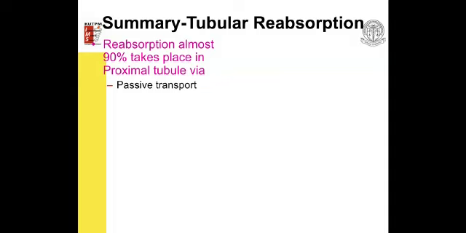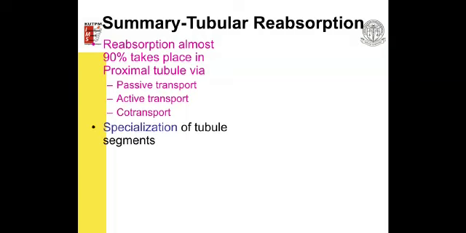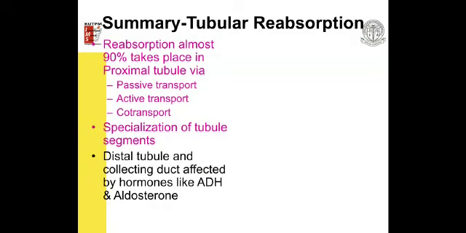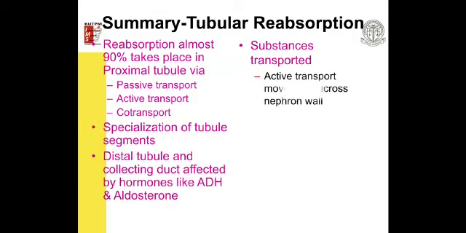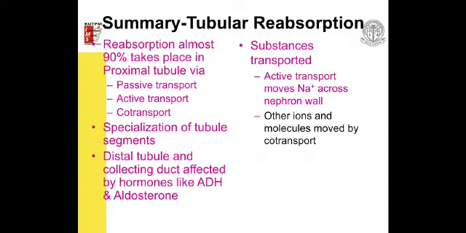Reabsorption almost takes place 90% in the proximal convoluted tubule via passive transport, active transport, co-transport, and specialization of tubule segments. The distal tubule and the collecting tubule are affected by hormones like ADH and aldosterone; aldosterone enhances sodium reabsorption, and ADH enhances water reabsorption. Active transport moves sodium across the nephron wall.